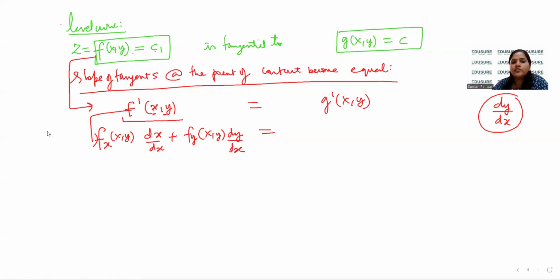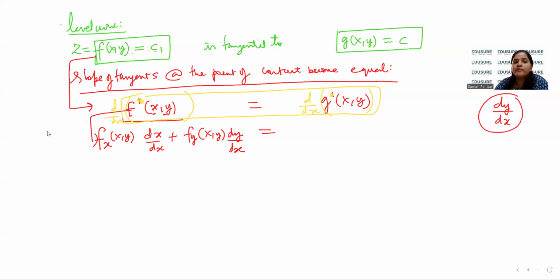Now note that d by dx of f(x, y) should be equal to d by dx of g(x, y). Okay. So now we already know that f(x, y) equals c1, which is a constant.